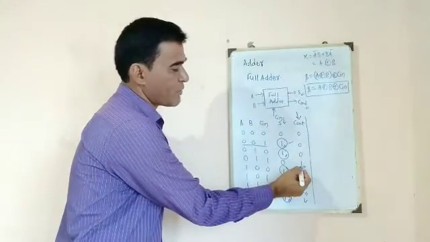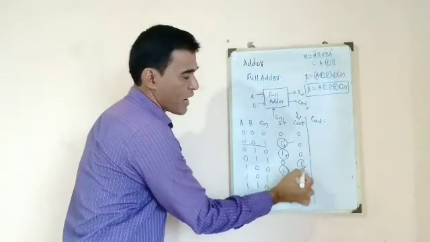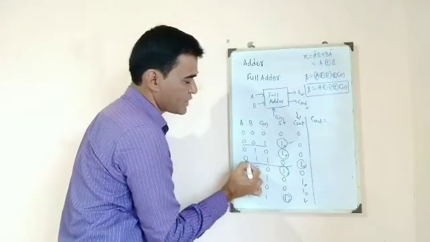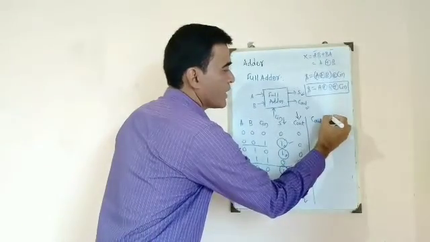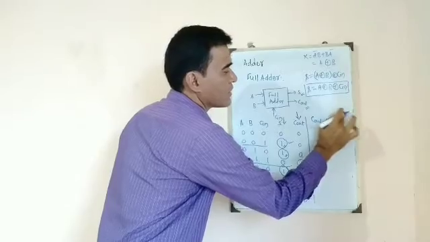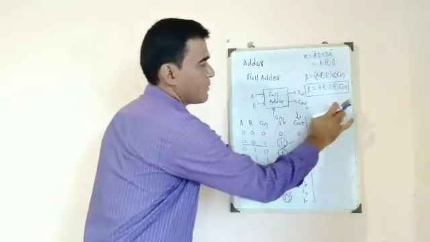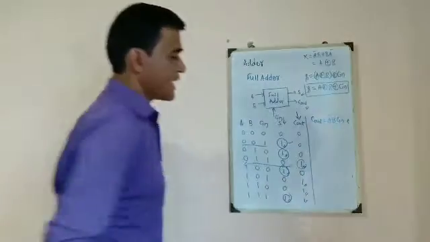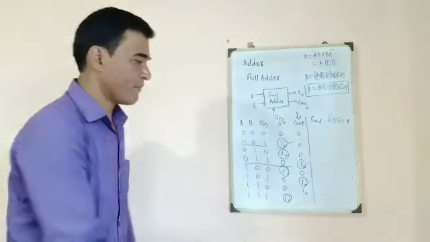Now for this 1, I can write C out is equal to, the input combination is 0 1 1. 0 1 1 means A bar B C in. A bar B C in, which is added with the next input combination for which the result is 1.